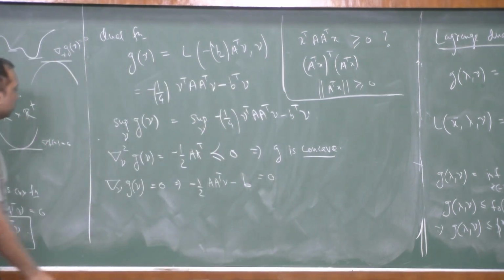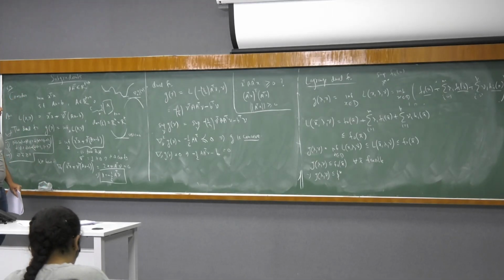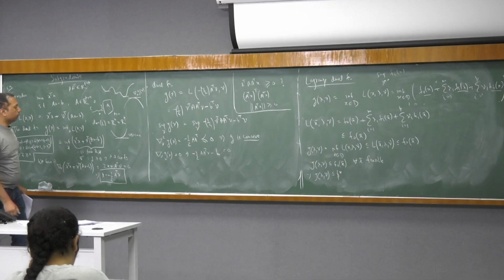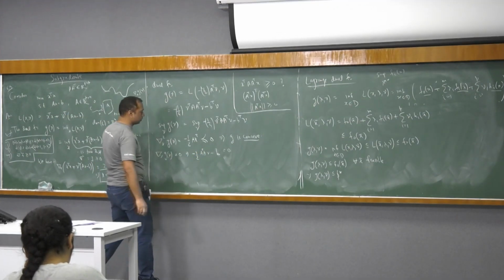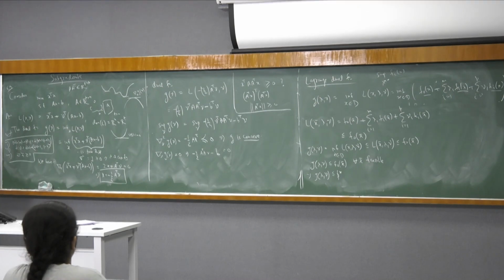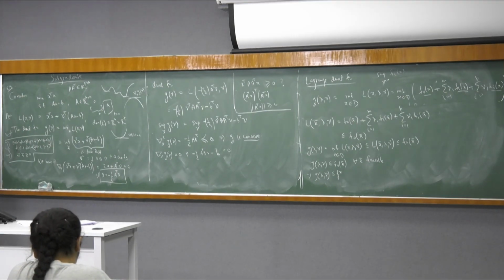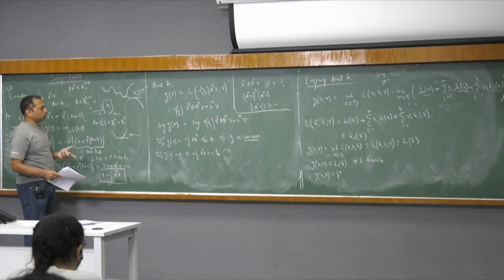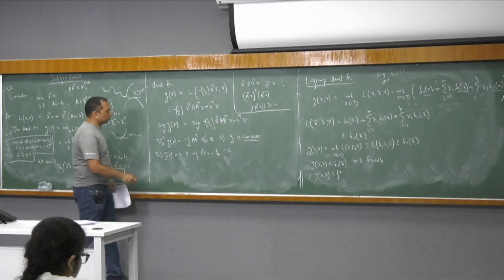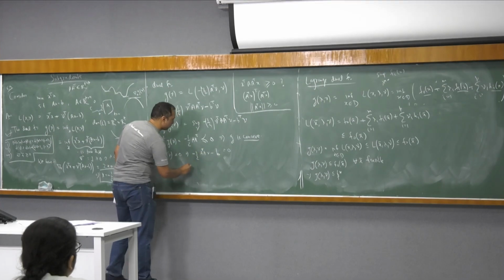Okay, in this case, it should be A transpose A, right? It gets transposed. A transpose A nu minus b equals 0. So in this case, to solve for nu, we need to take the inverse, okay? And if it's rank deficient, that will create another problem, but for the moment we can think of some pseudo inverse.